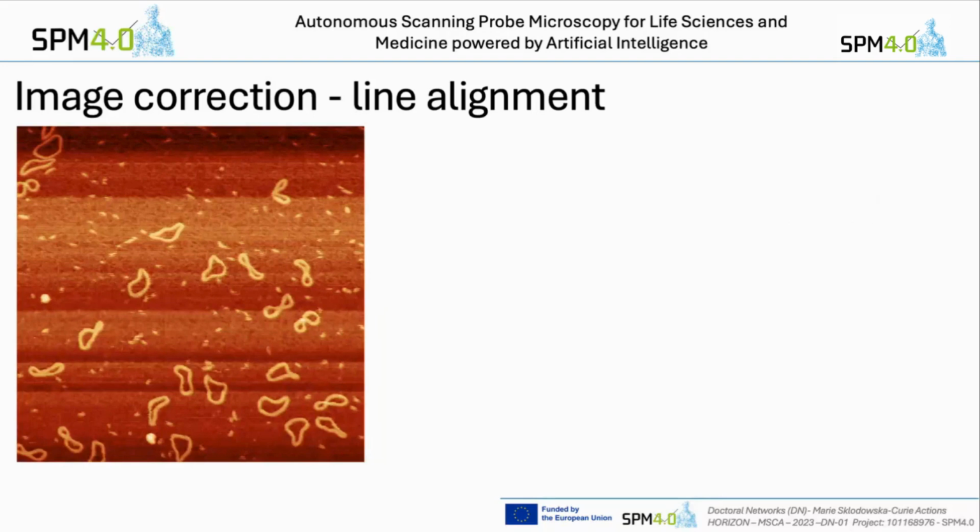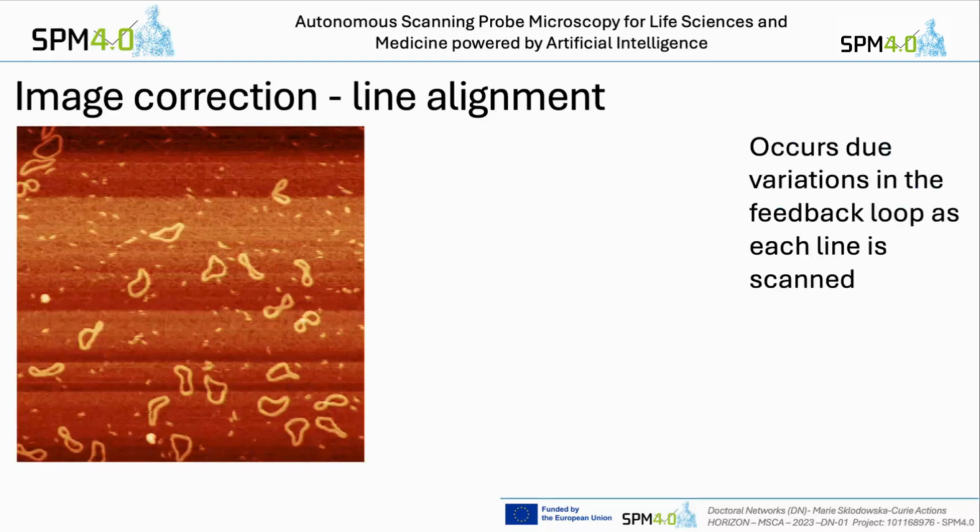So you might notice that there's still quite an unevenness from top to bottom of the scan. This is actually due to variations in the feedback loop as each line is scanned. The feedback loop in the AFM isn't perfect. As it scans each line, it's a raster scan, as Alex was talking about yesterday.